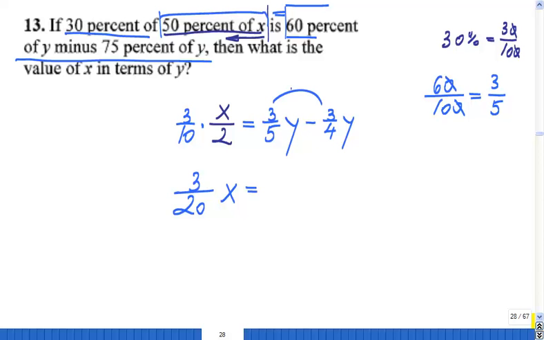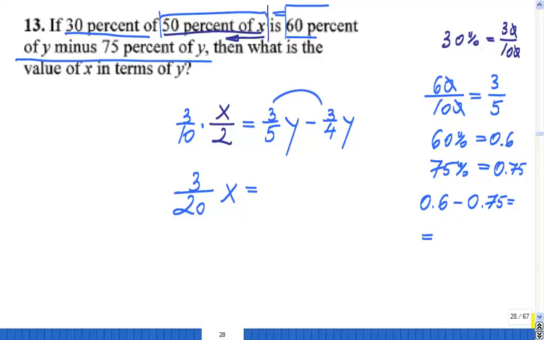Probably this is not the easiest way to do this. Maybe the easiest way is to change that 60% into a decimal. 60% is 0.6. 75% is 0.75, and I have to subtract 0.75 from 0.6, which is definitely going to be a negative number, negative 0.15, which as a fraction is negative 15 over 100.